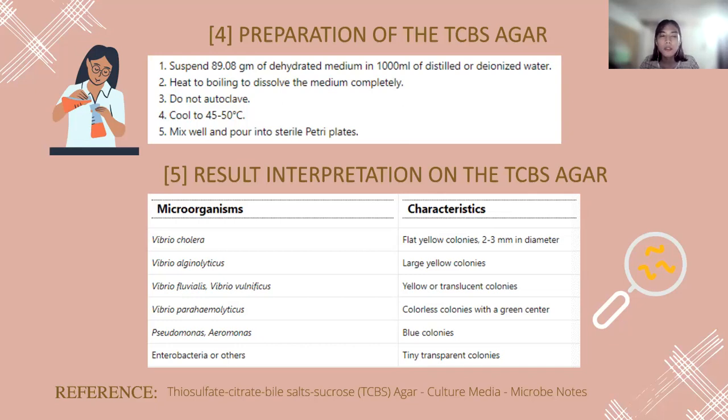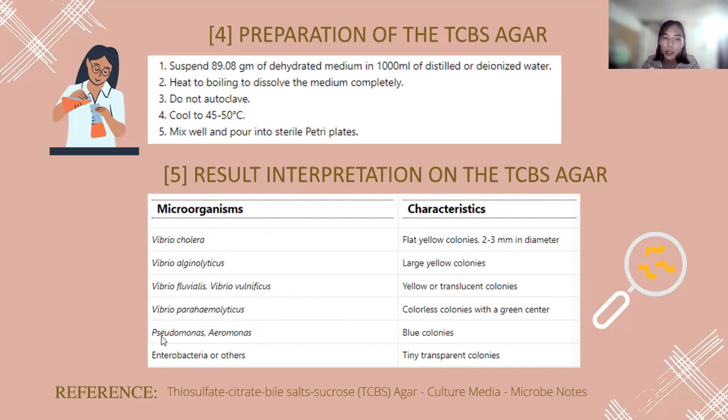So even though they are the same genus, they exhibit different morphological characteristics in terms of the colony, because as you can see here, they are of different species. Okay, cholerae, alginolyticus, fluvialis, vulnificus, or parahaemolyticus.